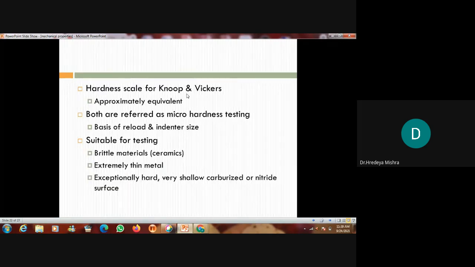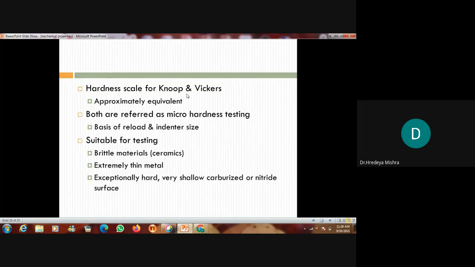Okay, so the hardness scales for Knoop and Vickers are approximately equivalent, meaning we get the same accuracy from the Knoop test and the Vickers hardness test. They are referred to as micro hardness testing.